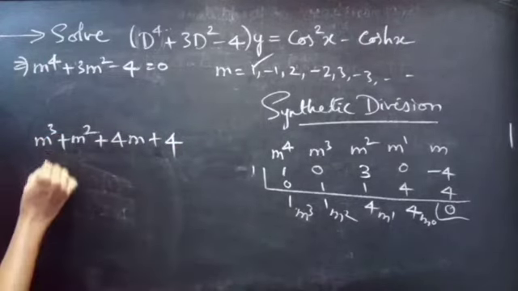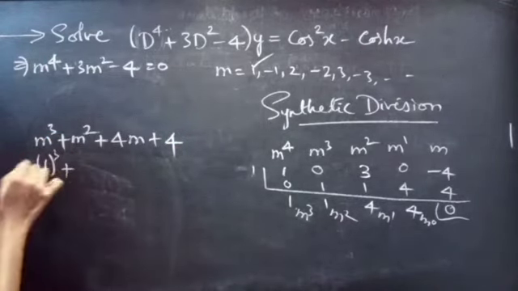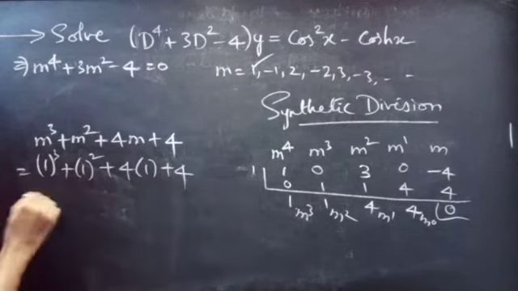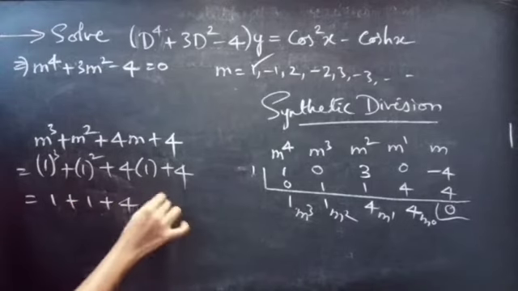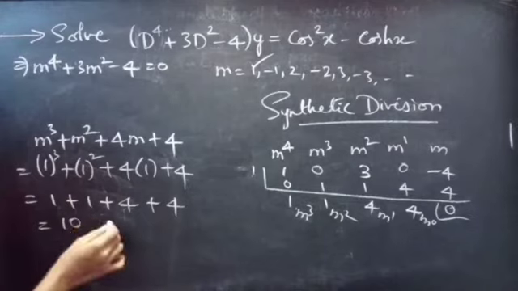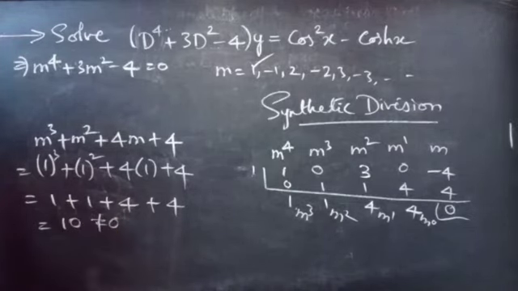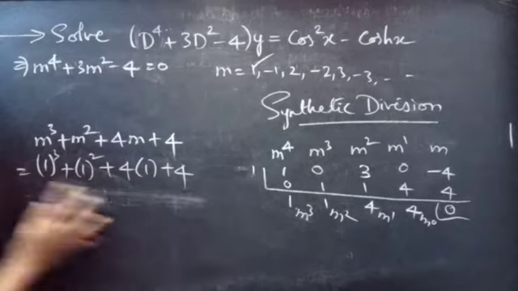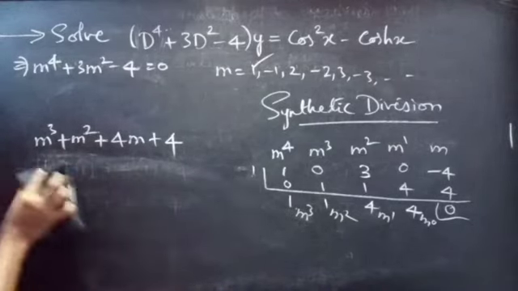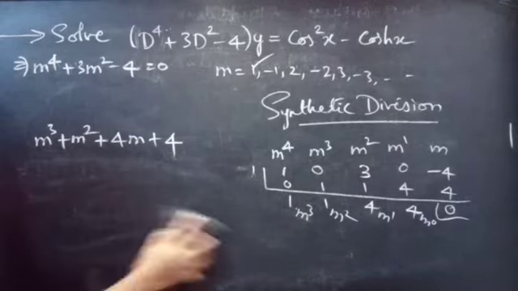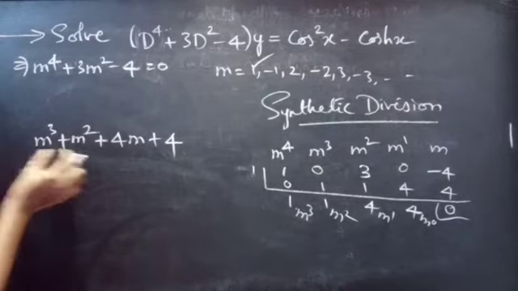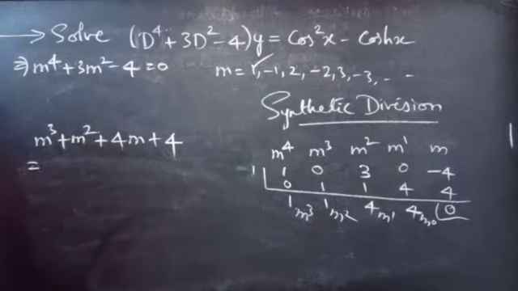If you replace m by 1, you won't get 0. 4 plus 4, 8. 8 plus 2, 10. It's not 0. Likewise, 2, 3, 4, all positive numbers are not possible. No positive number can satisfy the polynomial.